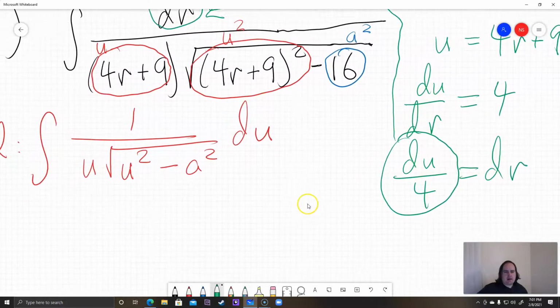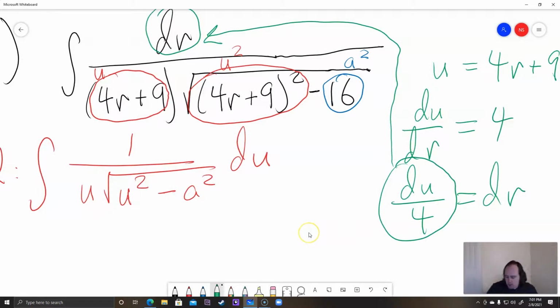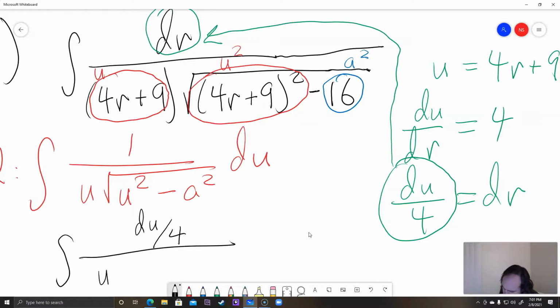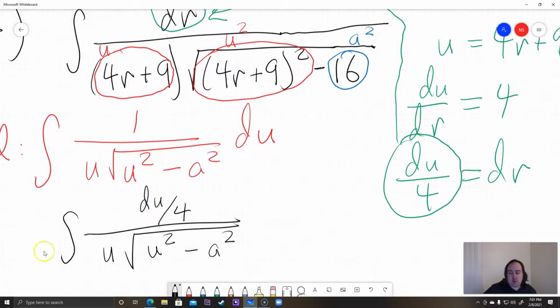Okay, so after we do that, we almost have the integral in the form it needs to be in. So we're going to have the integral of du over 4 over u times the square root of u squared minus a squared. So then we've already almost got it in the form it needs to be in. We just need to go ahead and factor the 1/4 out front, because that's a constant.